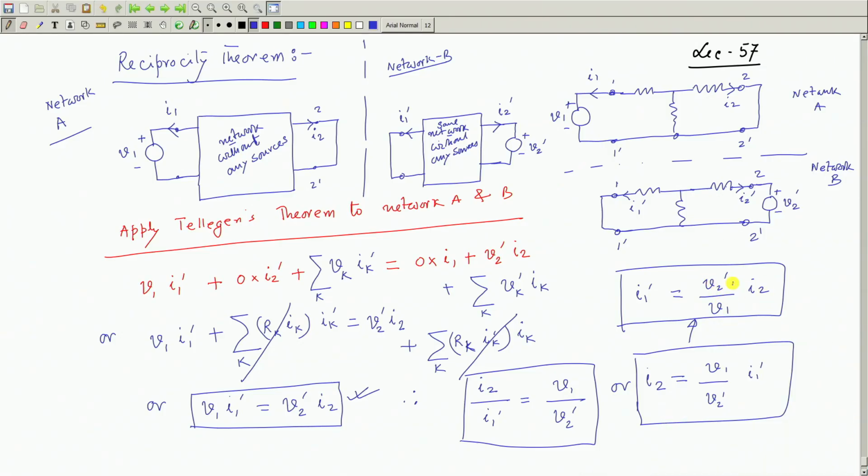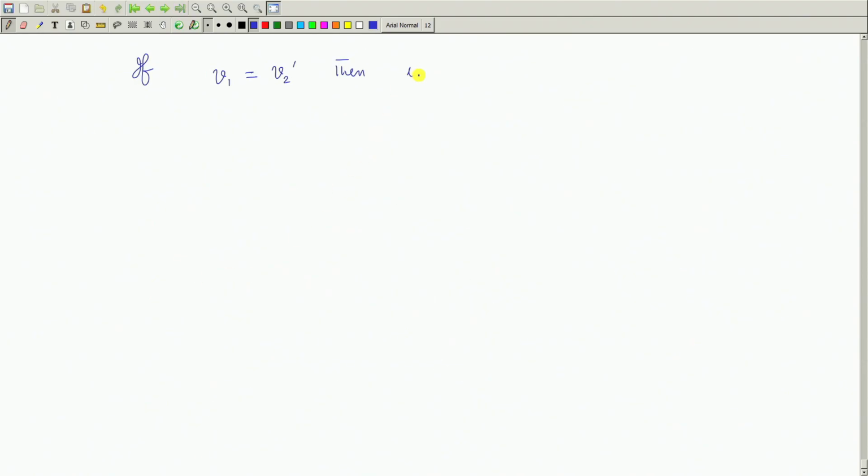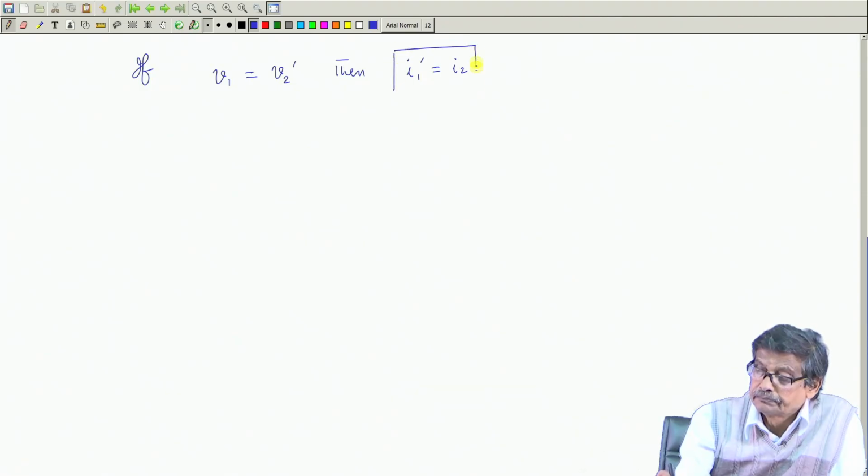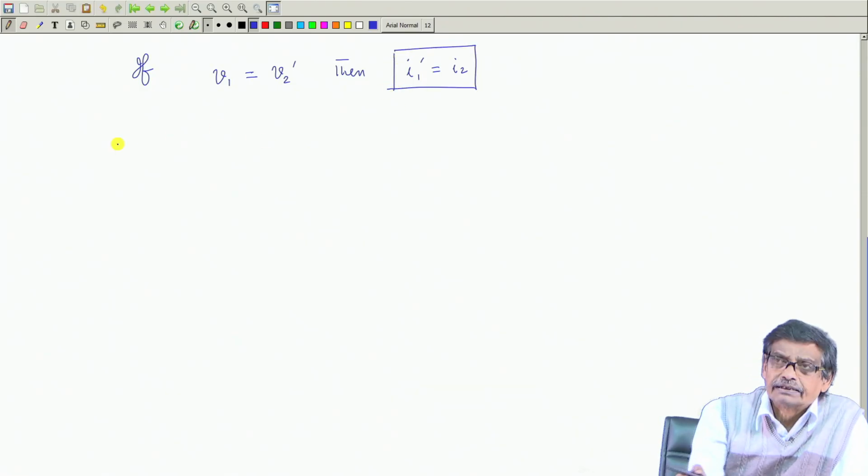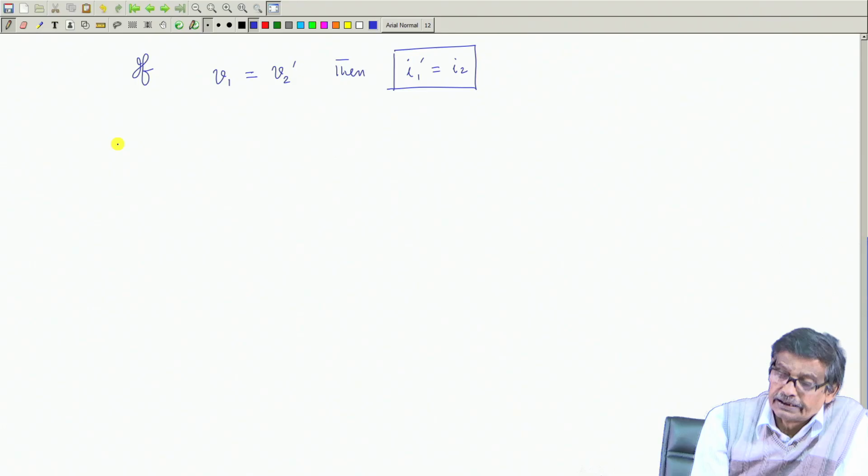These two are the same, you can cancel it out. So, I1 dashed will be equal to I2. As a special case, that was a more general expression.